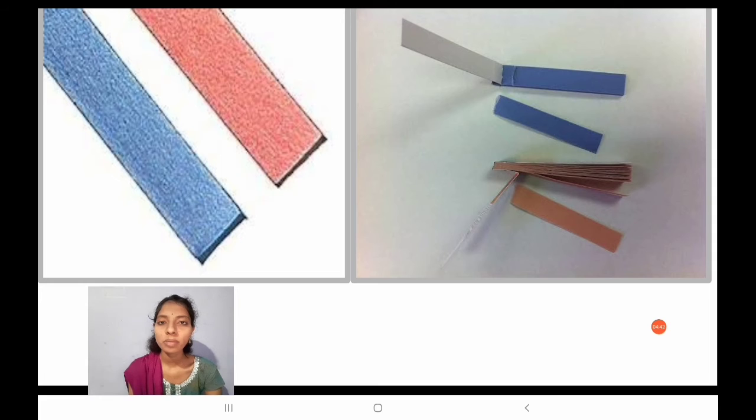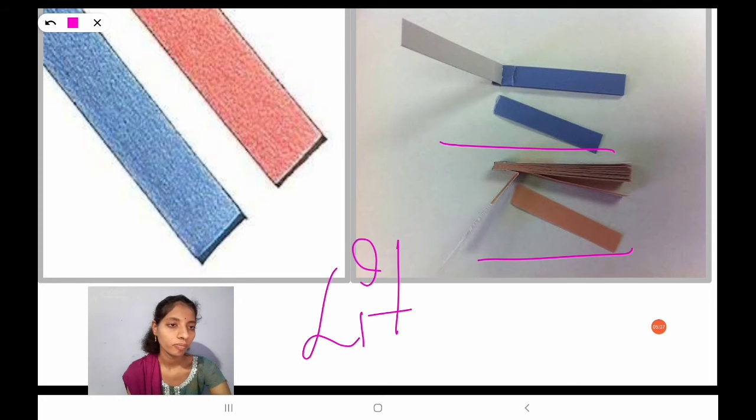For that purpose, we will use special papers, or we can also call them strips. You can observe here the blue color and red color papers or strips. By using these, we can identify the acidic and basic solutions.